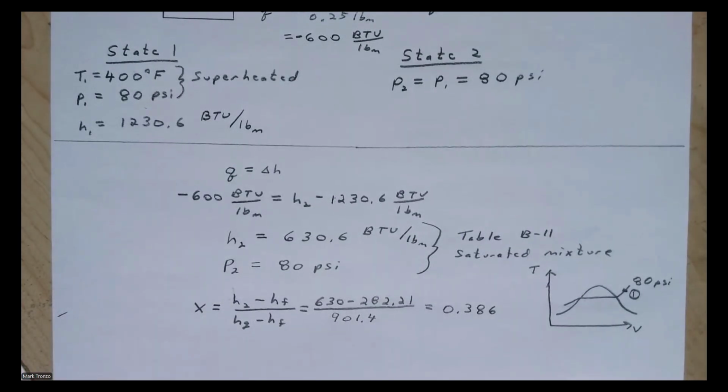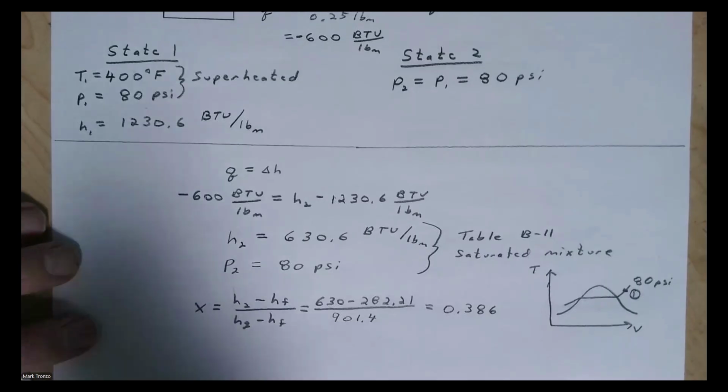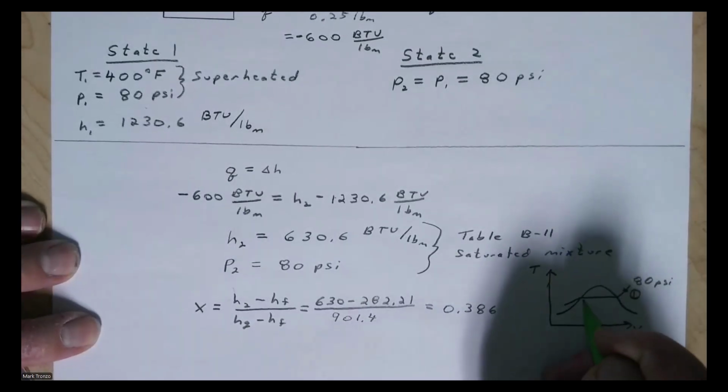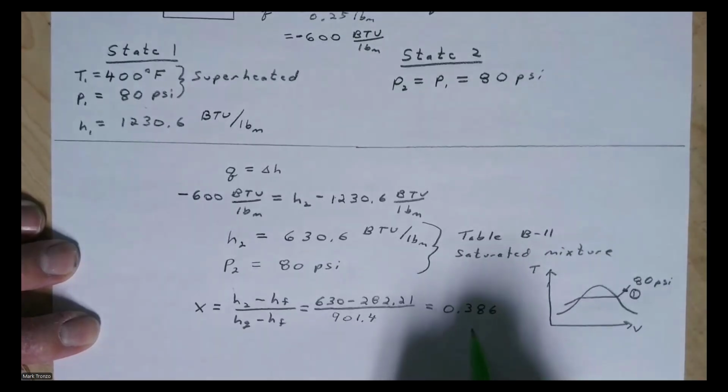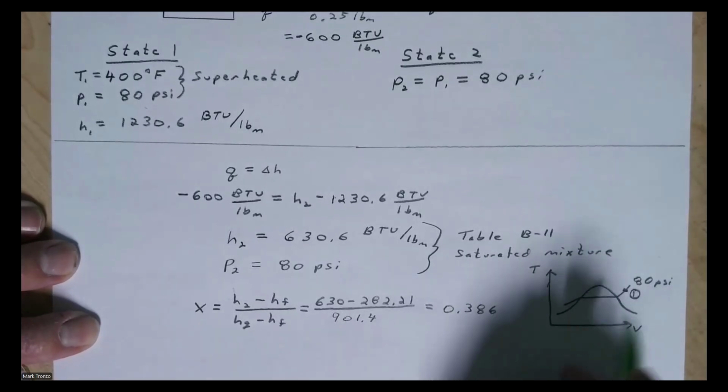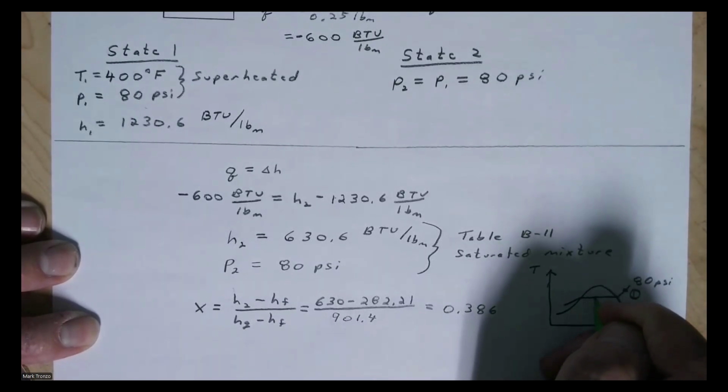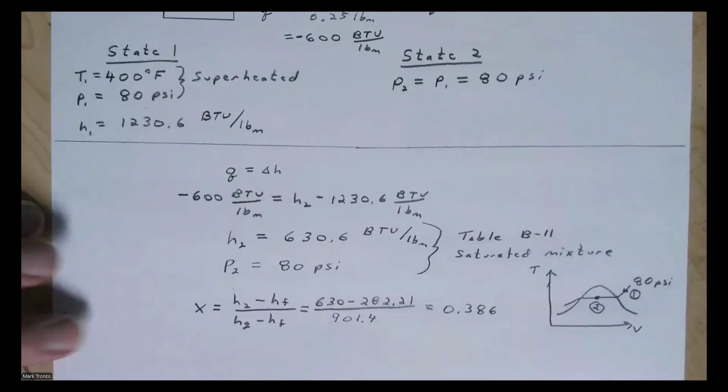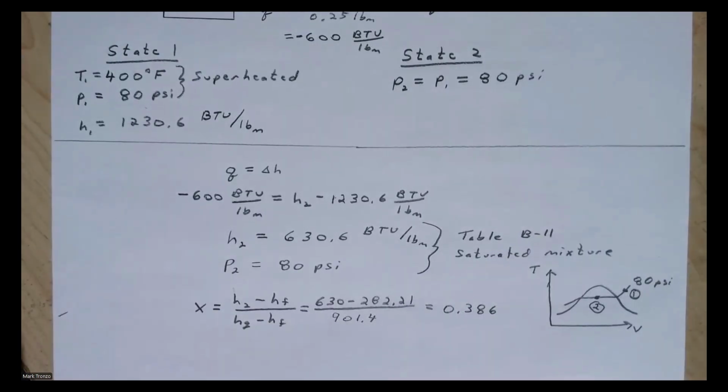So that's the final quality. If you want to estimate it on here, it's about 38% across, 38% from the left. So maybe state two is right here. The final state would be a saturated mixture, and the final quality is 0.386.